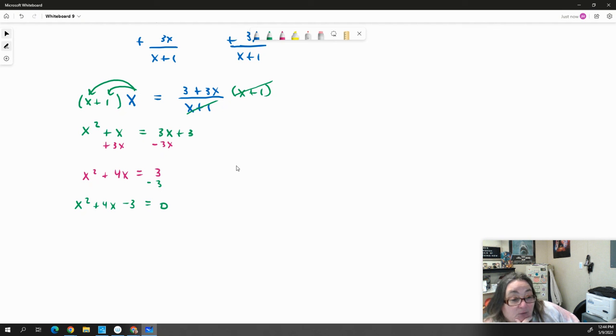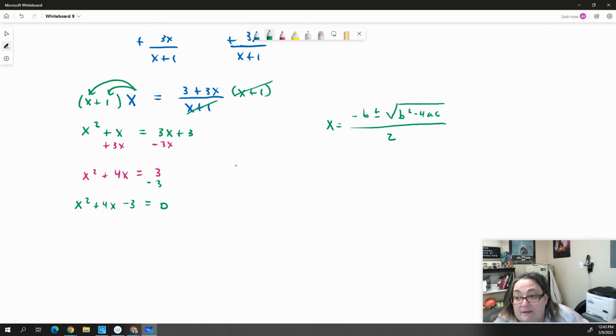Which means that we have to use the quadratic equation. We have to go back in our toolbox and remember the quadratic equation. And if you remember, that is x equals minus b plus or minus the square root of b squared minus 4ac over 2a.